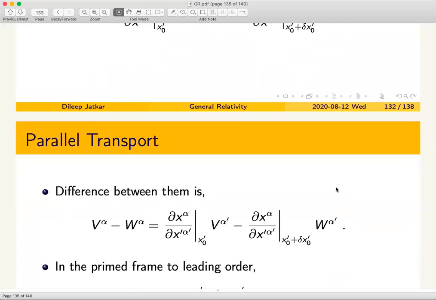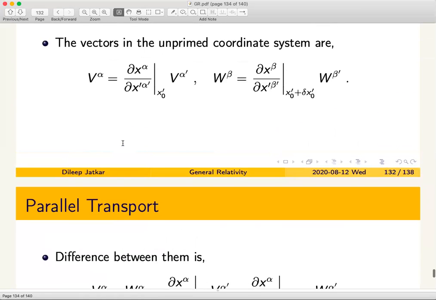Fine. So let's ask a question. What is the difference between the two vectors? In the unprimed coordinate system, we just write that as v alpha minus w alpha. And that can be written in terms of primed coordinate system variables by just using this relation.